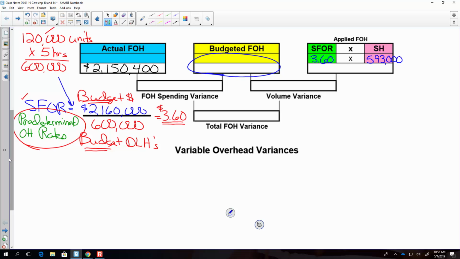Okay, that's fine. Diane, what do we use for that middle number? 2,160,000. Yeah. This budget number and this are the same thing. I almost tipped over there. Did you see that? Okay? That's our middle number. Budgeted overhead. And it's got it in the title too. So try to use the headings on our templates to help us fill in the template.